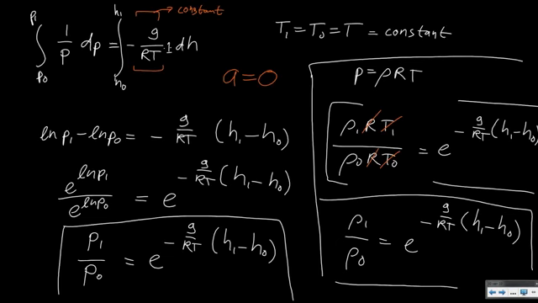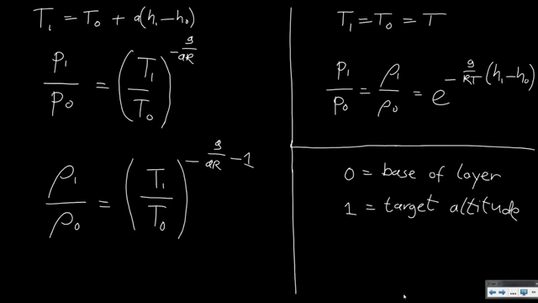So let's summarize this and look at the total set of equations. For a layer with a lapse rate which is not equal to 0, so a temperature gradient layer, we use the equations on the left side of the screen.